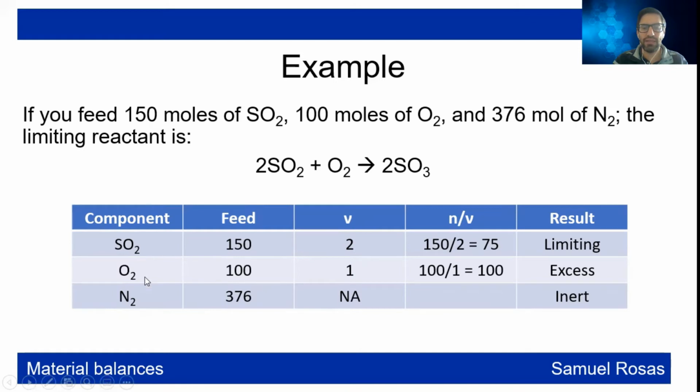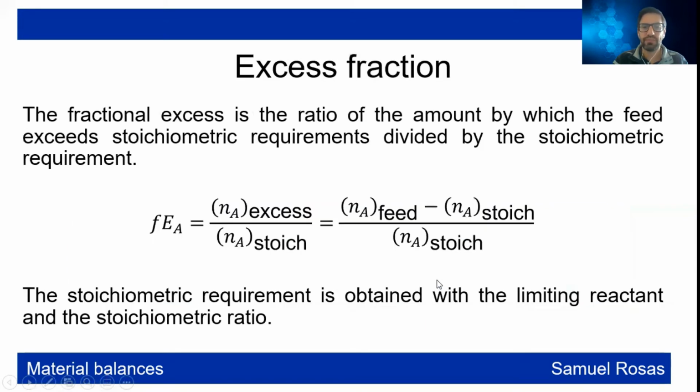Now, the nitrogen is not participating in the reaction, so that's an inert gas, which is not in the reaction, but it will be in the reactor just to control pressure or something else, right? Then you just divide 150 over 2, 100 over 1. This yields 75 and 100. The one that is less in proportion is the limiting reactant. In this case it is SO2, which means that oxygen is in excess.